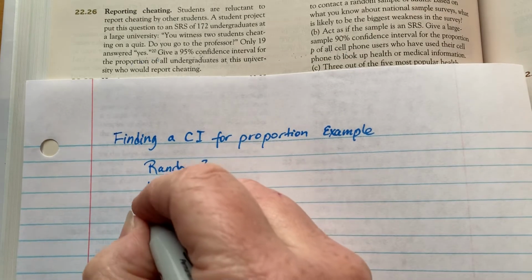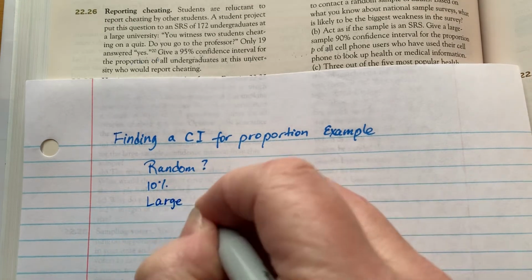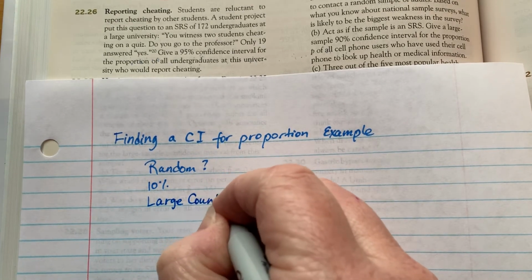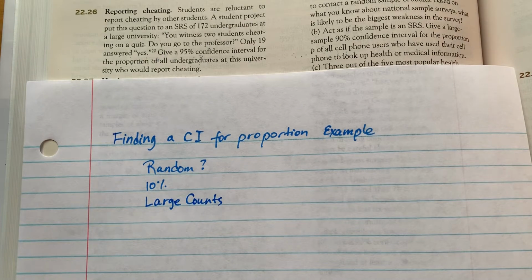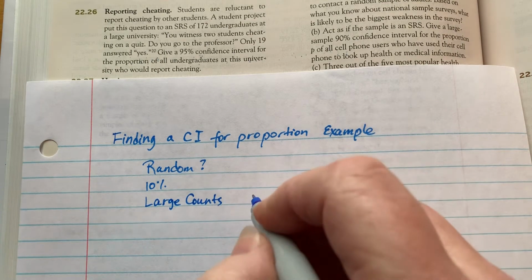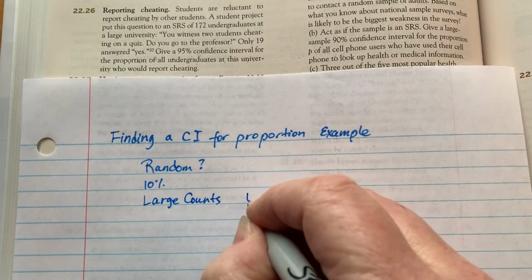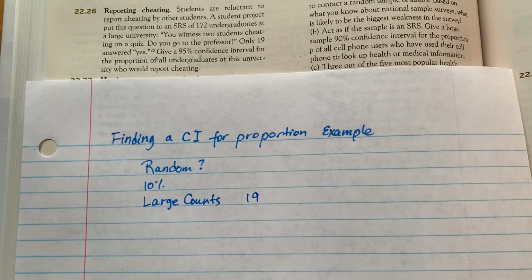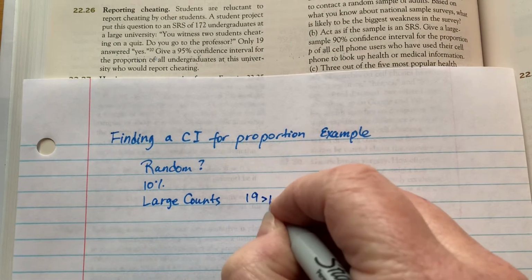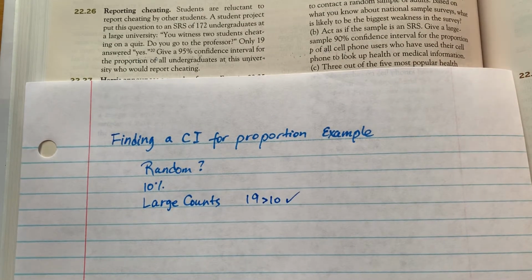The last condition is the large counts: is the number of successes and the number of failures greater than 10? The number of successes, people who did report cheating, is 19. Is it greater than 10? Sure it is.